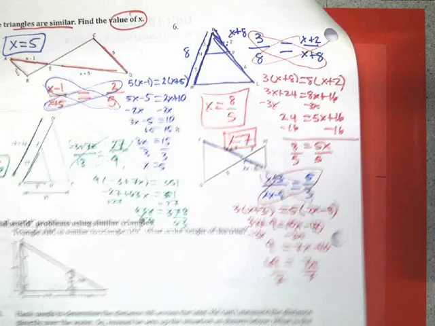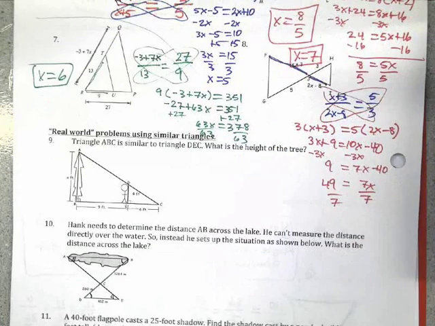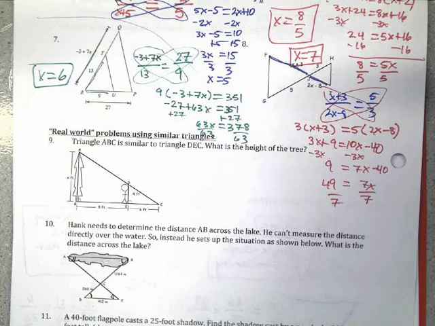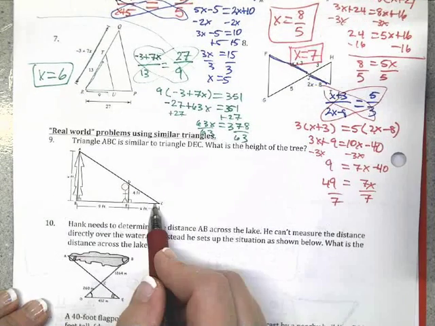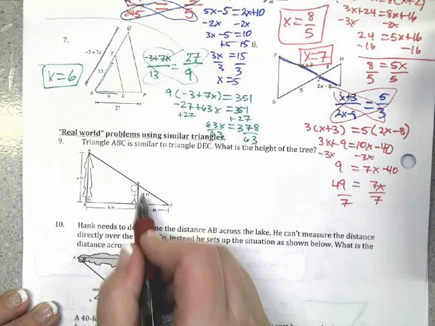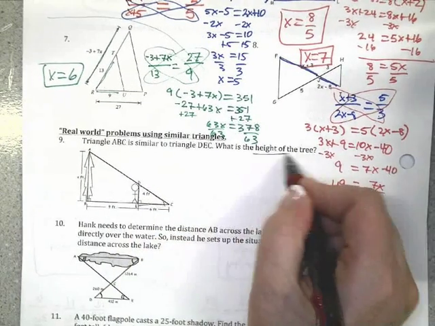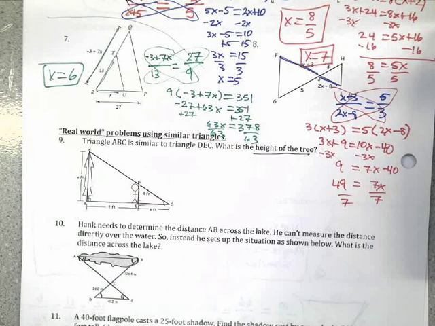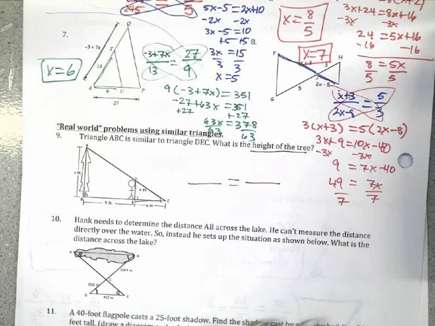All right. The last problems on this section are real-world problems using similar triangles. So we know triangle ABC is similar to triangle DEC. So this is a small triangle within a large triangle. What is the height of the tree? So we're going to go ahead and set up a proportion, just like we did on the ones up above.